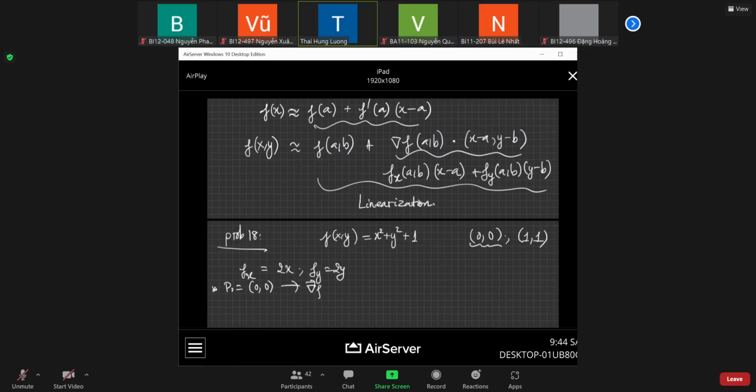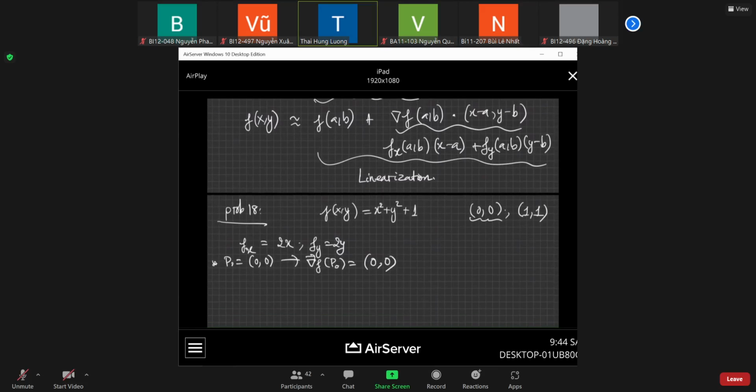Then the gradient vector of f at P0 is the zero vector. So the linearization is, and in this case, we have f(0, 0) equal to 1. So it is f(0, 0) plus this, which gives us just the number 1.